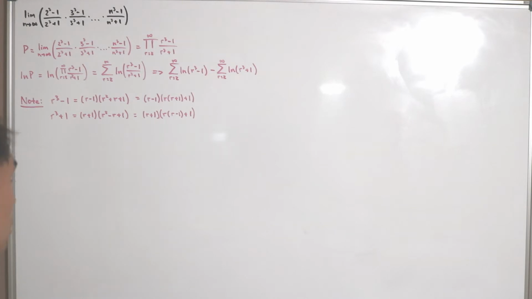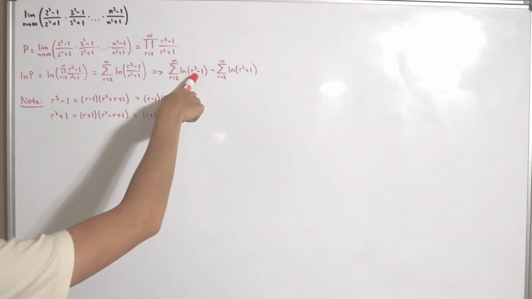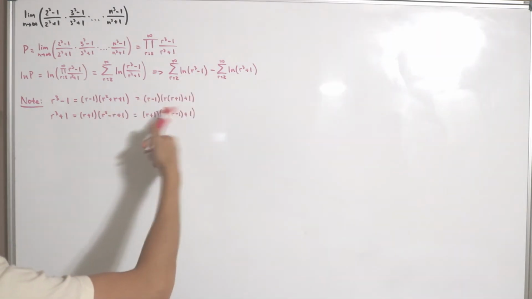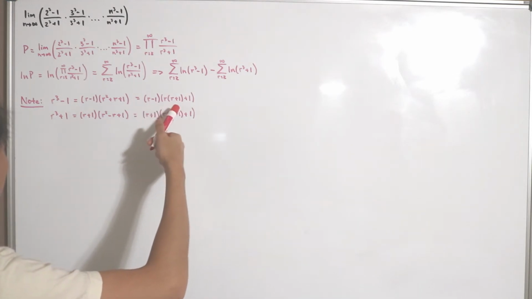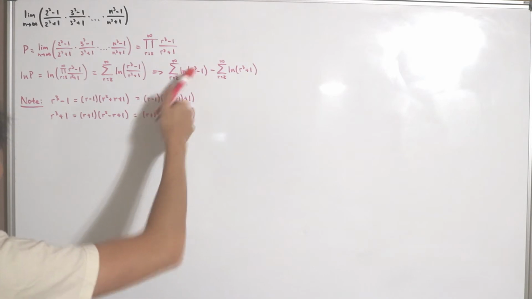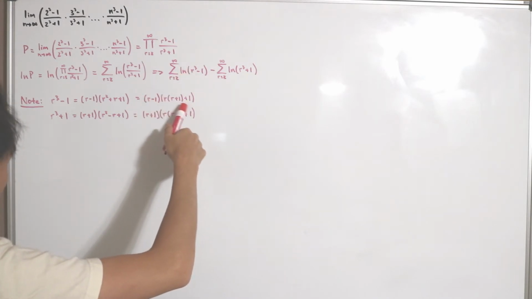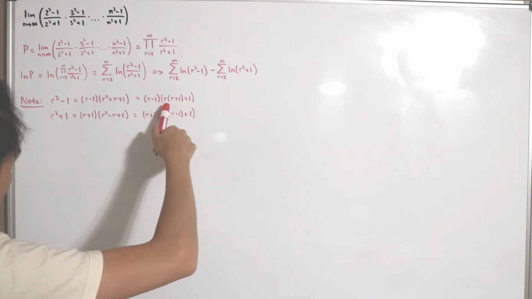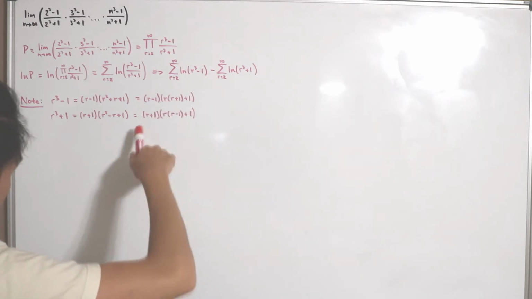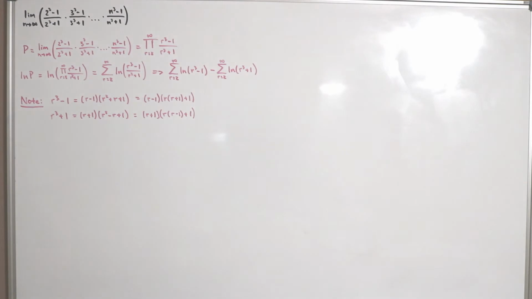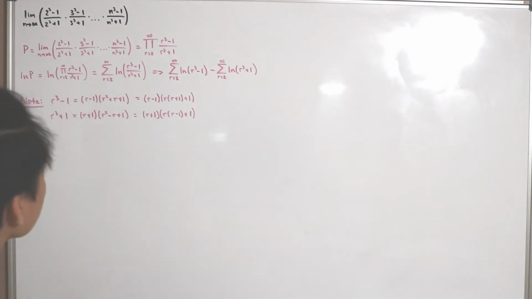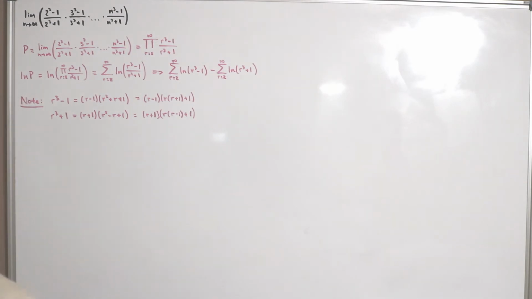So now we can substitute our factored cubic polynomial. That means we're still taking natural logs of (r minus 1) multiplied by (r(r plus 1) plus 1), and the same thing with the other one as well. We can still apply natural log rules, so this time we're going to get four different summations.